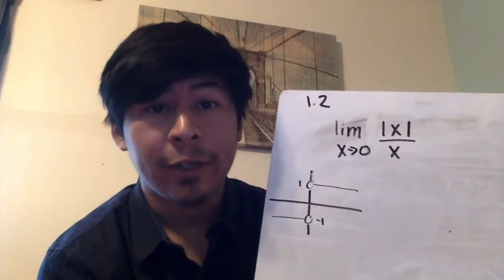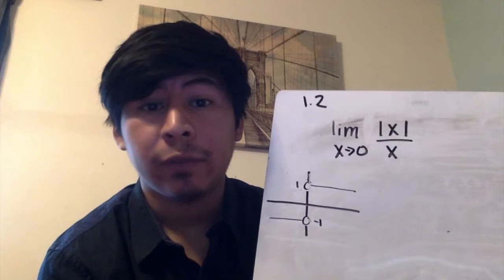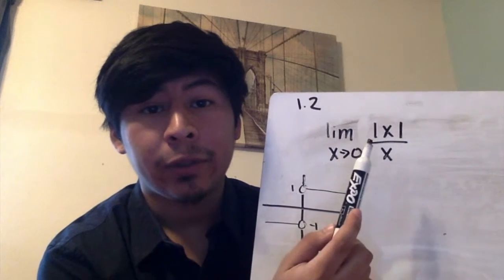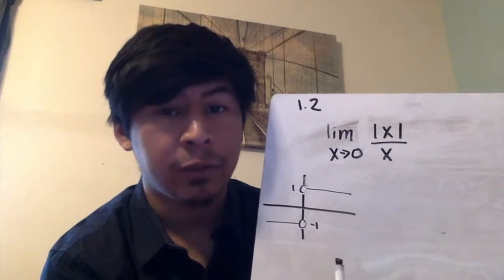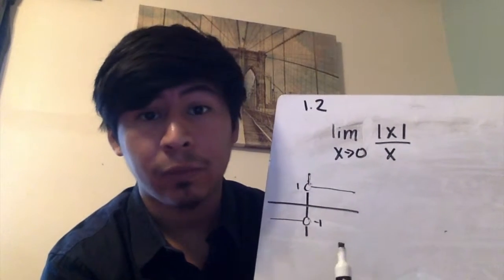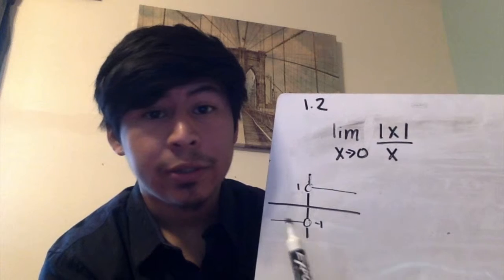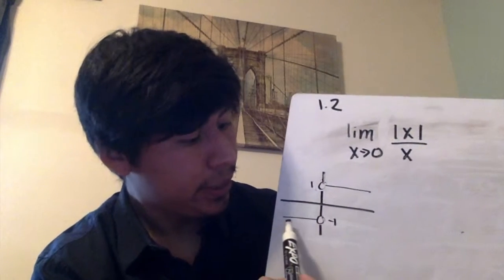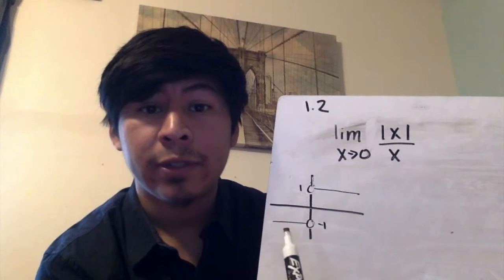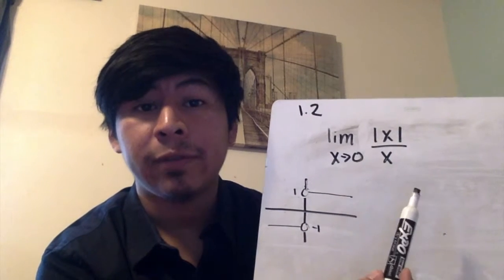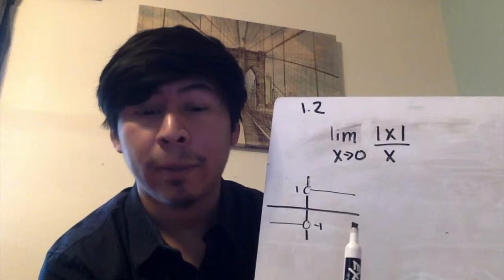But if we were to plug in negative numbers, say negative 1, the absolute value of negative 1 is equal to 1, over negative 1, which would be negative 1. So this left-hand side, or the negative values of x, will give us negative 1, and the positive values will give us a positive 1.